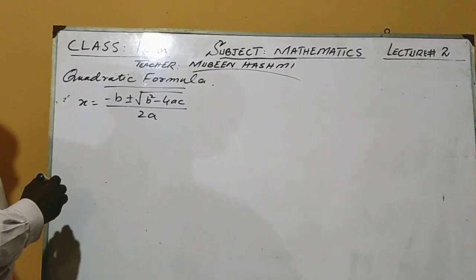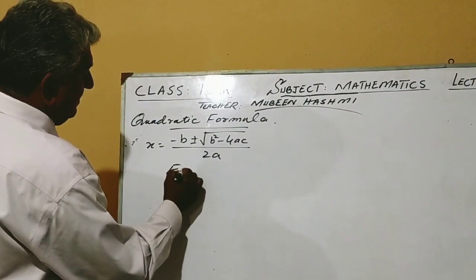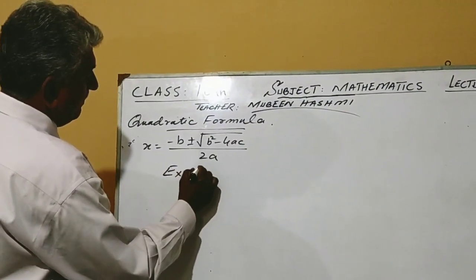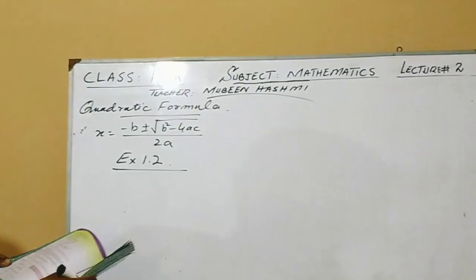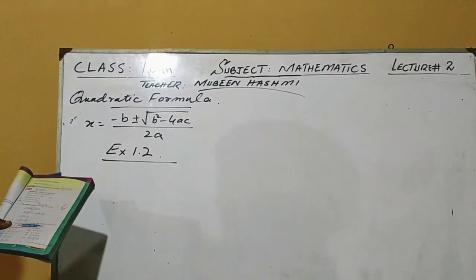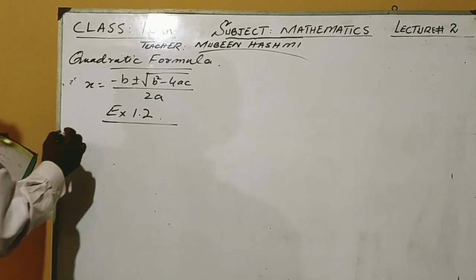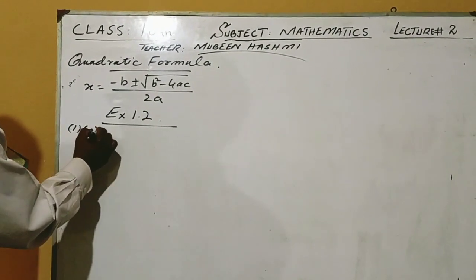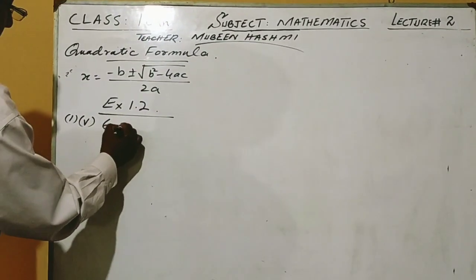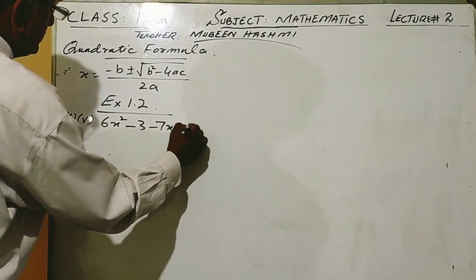Now, if you will use this formula in exercise 1.2, I select a question from exercise 1.2, which is the fifth part of question 1, that is 6x square minus 3 minus 7x is equal to 0.